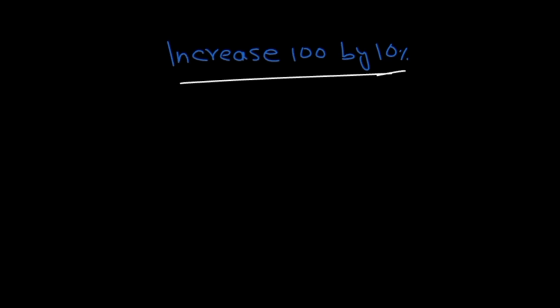So, the question is increase 100 by 10%. So for this, first of all, we multiply 100 by 10 over 100. These two zeros are cancelled by each other and it is equal to 10.